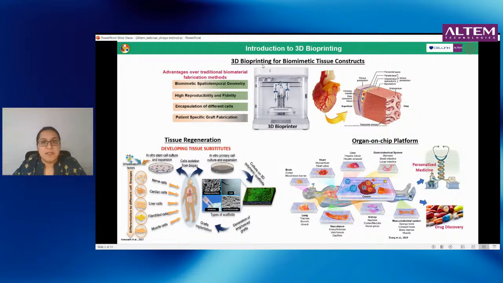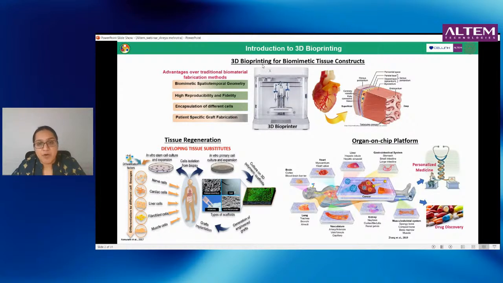With this introduction to 3D bioprinting, I would be taking both these fields: tissue regeneration, where we will talk about cardiac tissue regeneration specifically, as well as organ on chip platforms, where we have tried to use these cardiac organoids or 3D bioprinted cardiac tissues for drug testing.